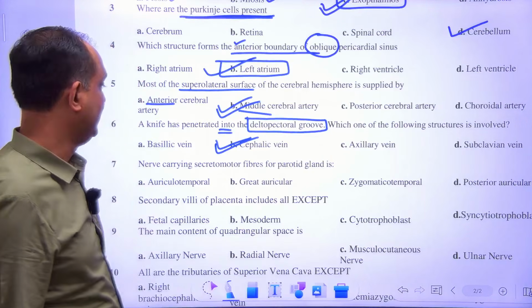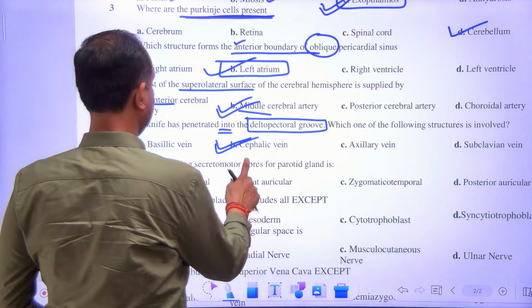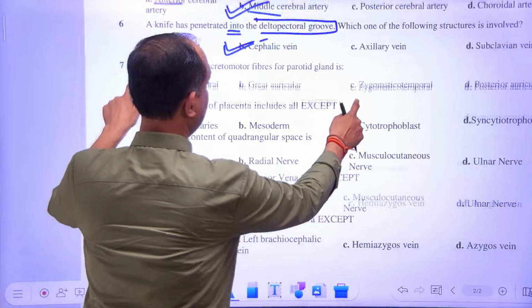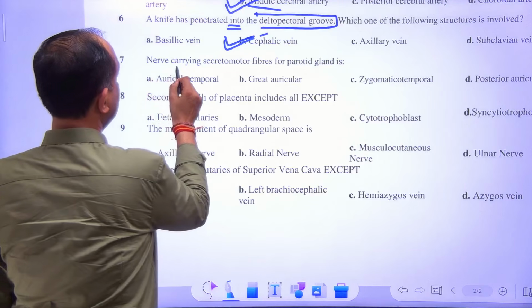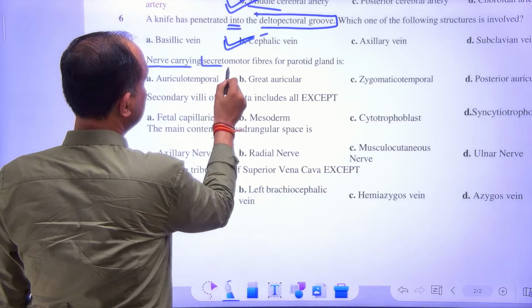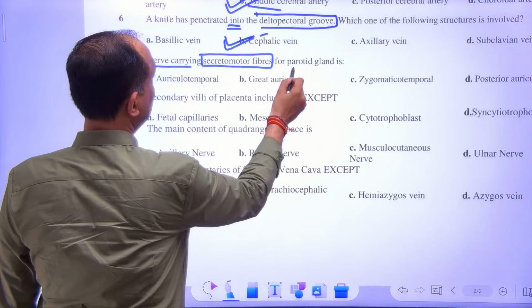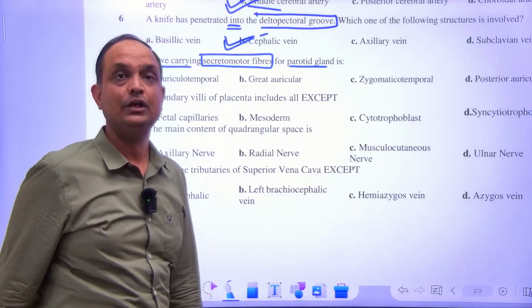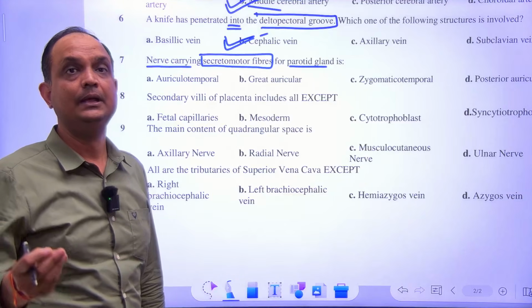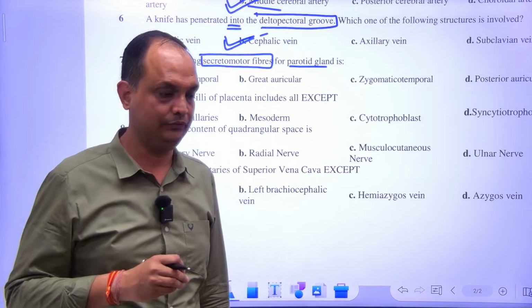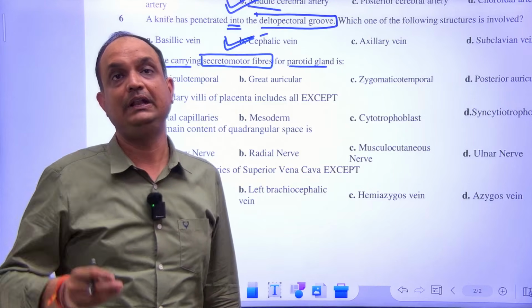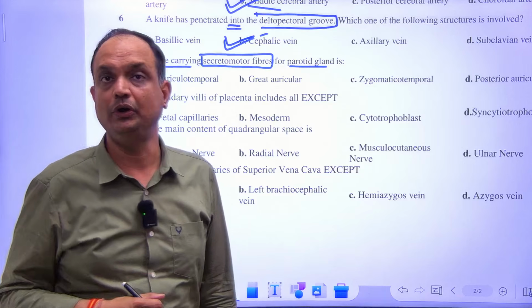So the answer is B. Now the next question is, which nerve carries the secretomotor fibers for the parotid gland? Dear students, for the parasympathetic supply, the preganglionic parasympathetic fibers of the parotid gland come along with the glossopharyngeal nerve and, with the help of the lesser petrosal nerve, reach the otic ganglion.